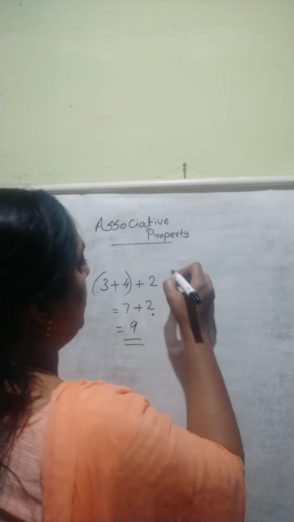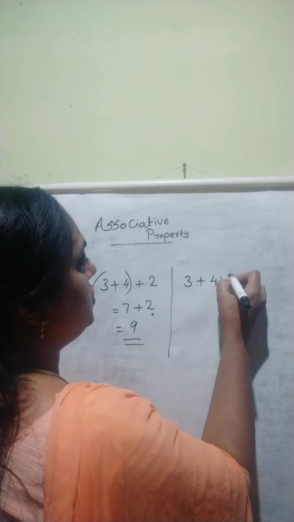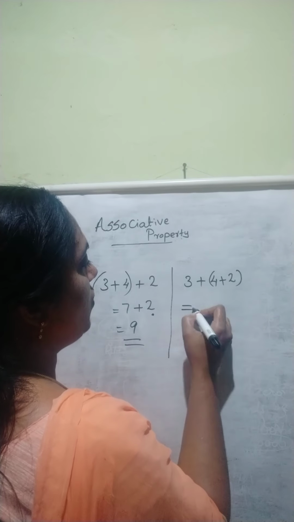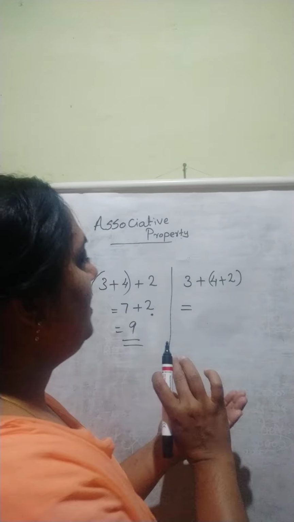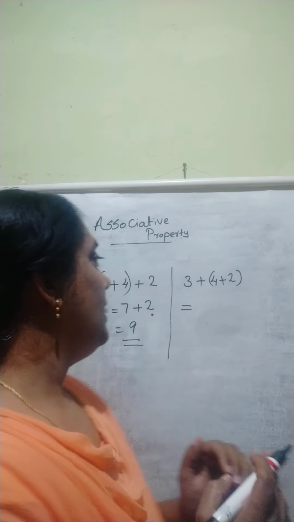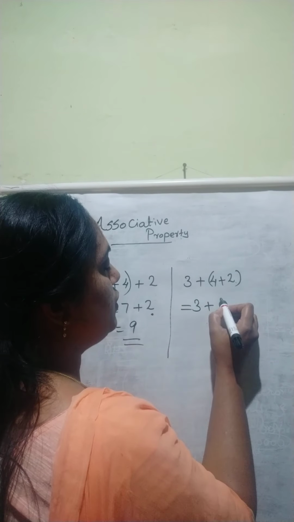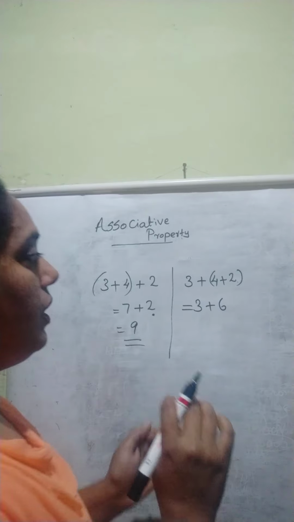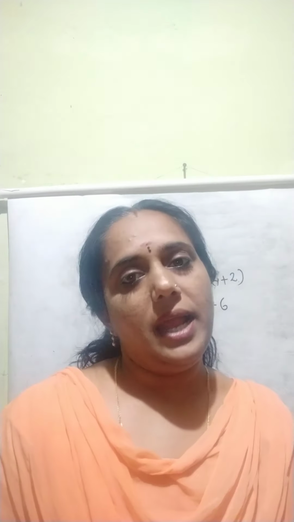Then I changed the bracket to 4 and 2. I have given the bracket first to 4 plus 2, so it is 3 plus (4 plus 2). 4 plus 2 is equal to 6. First, we have to calculate what is there in the bracket.